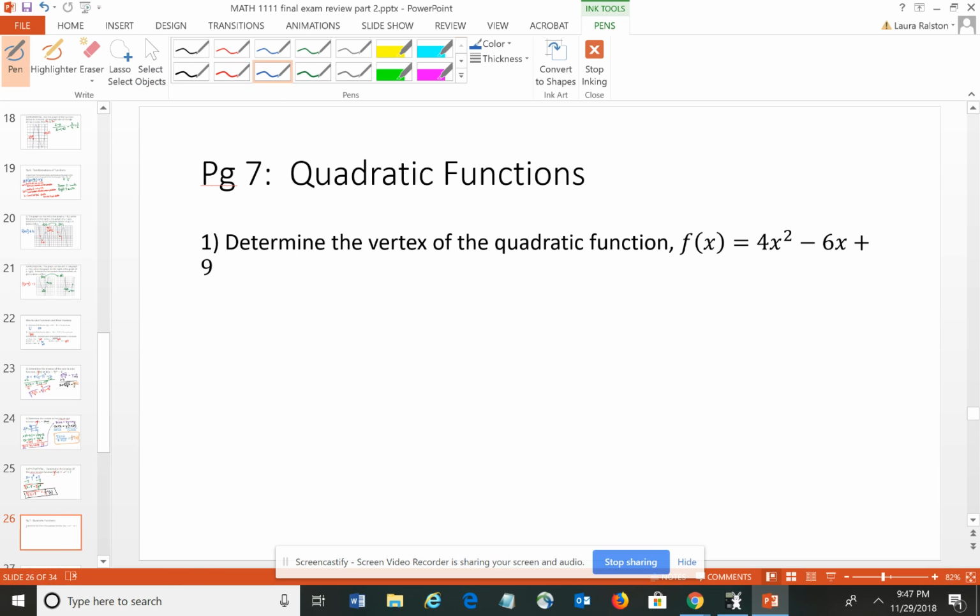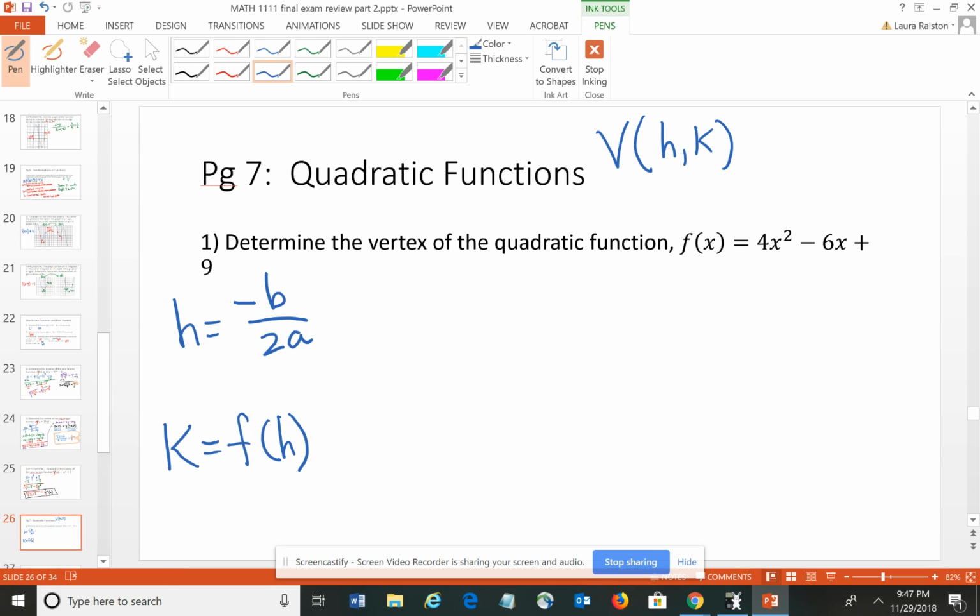If you'll remember, the vertex is in the form h, comma k. H is the opposite of b over 2a, and you find k by substituting h back into the function.